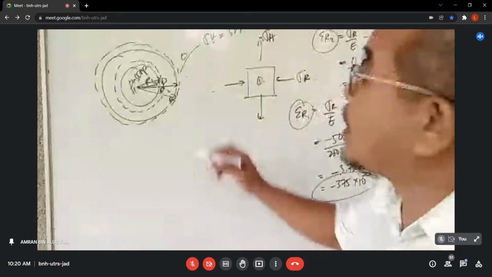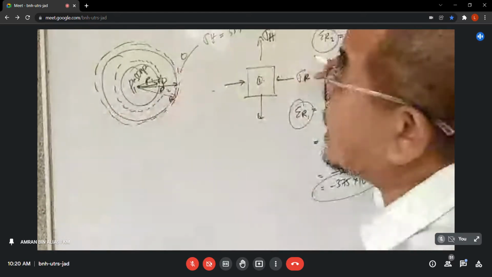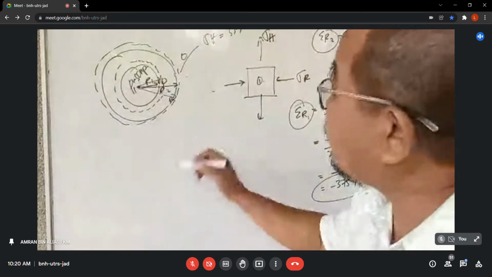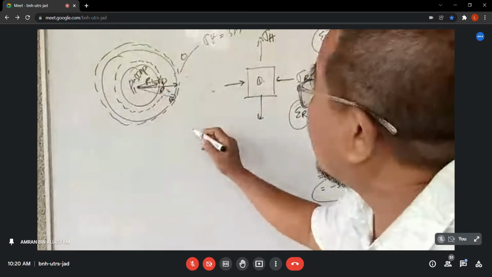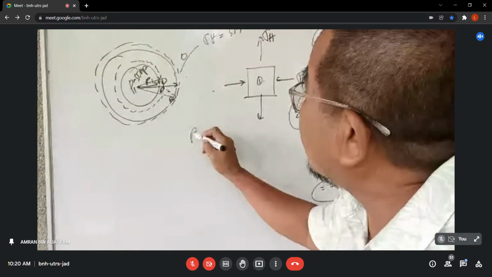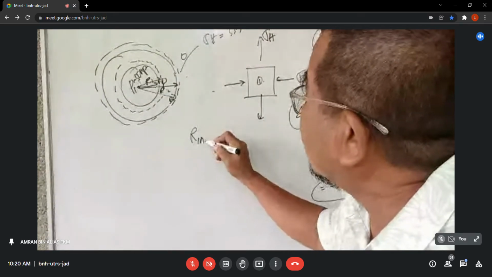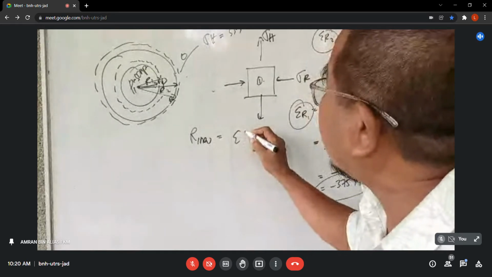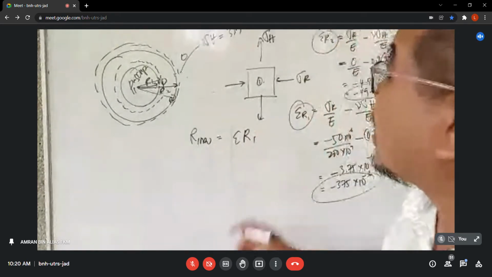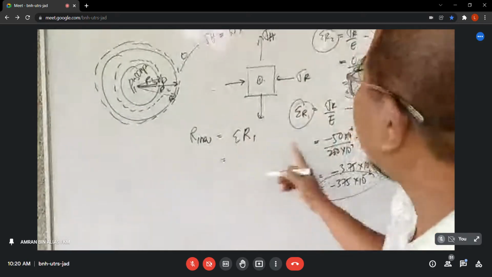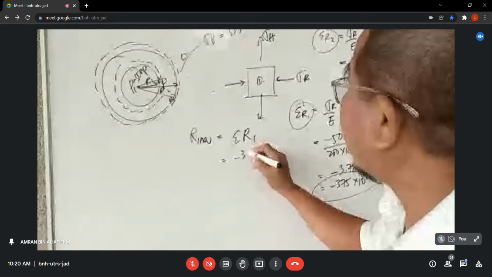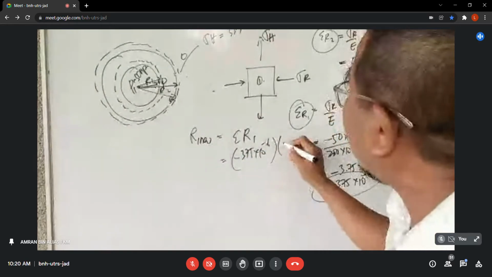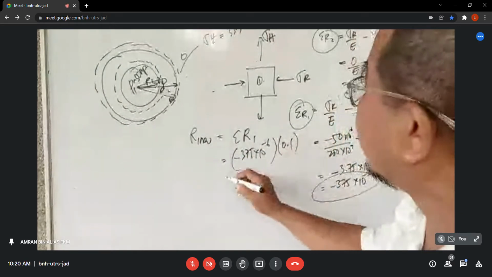Now, the strain here, remember, is in the direction of R. So can we write what is the new R? Delta R1 is equal to strain times the original R1. This is minus 375 times 10 to the power minus 6 times the original one, 0.1 meter.